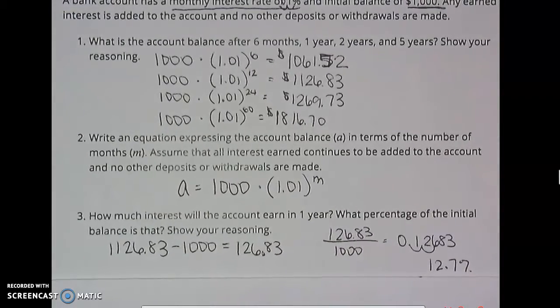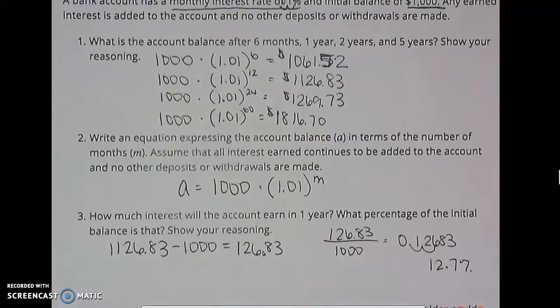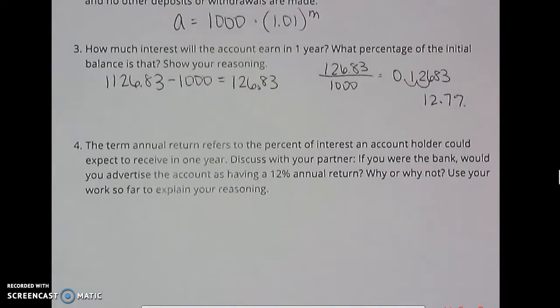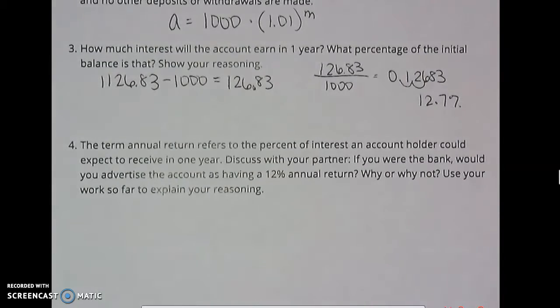All right. So the last question that we have here says the term annual return refers to the percent of interest an account holder could expect to receive in 1 year. That was the 1%.